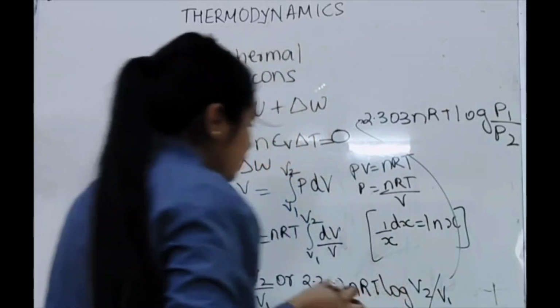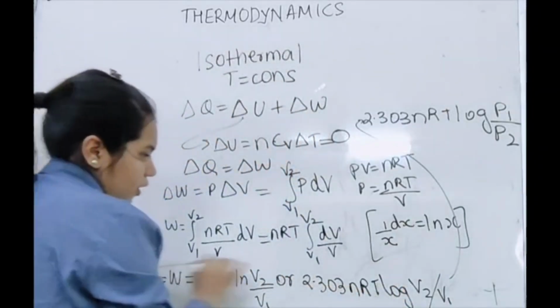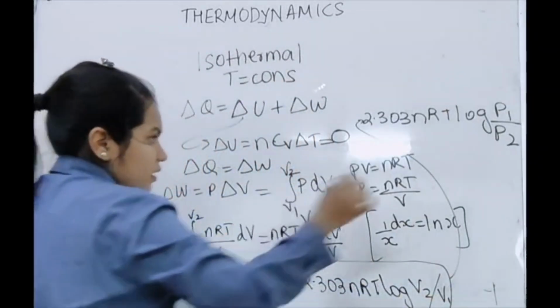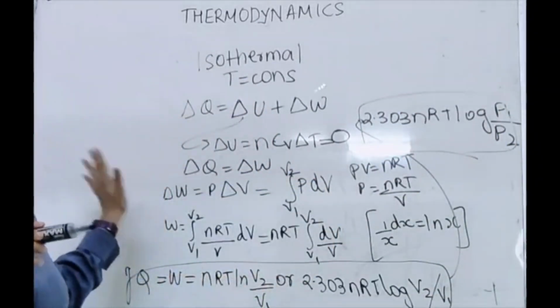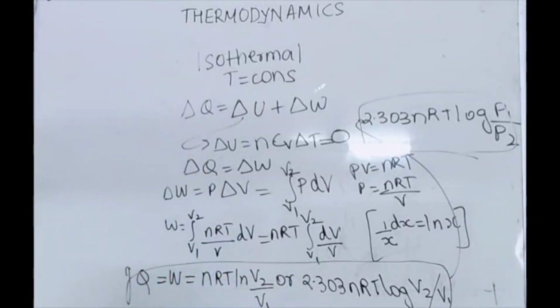So this is the important formula, and this is for isothermal where T is constant.